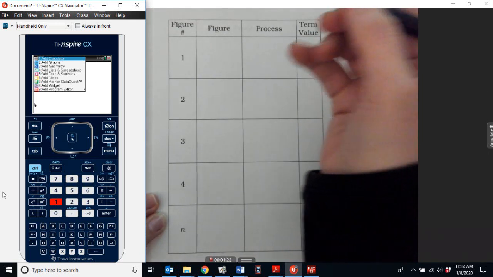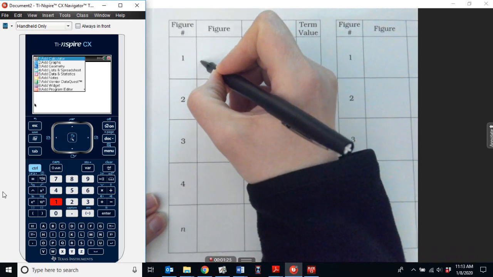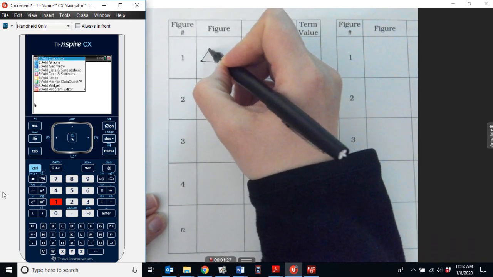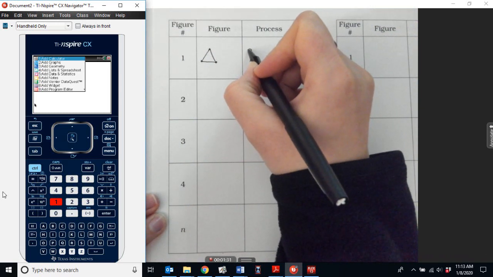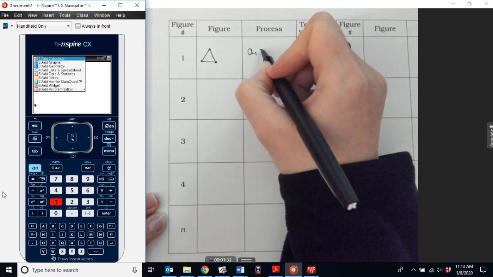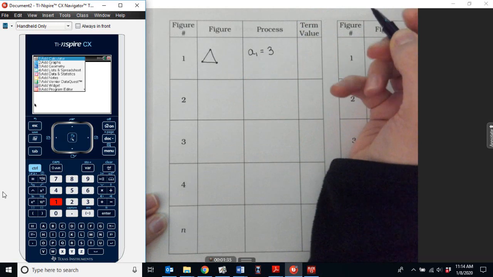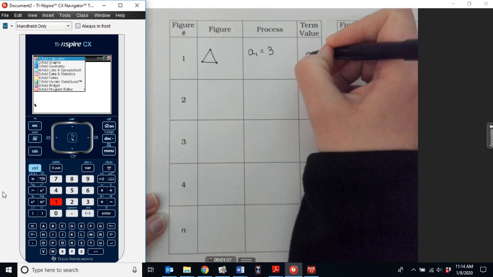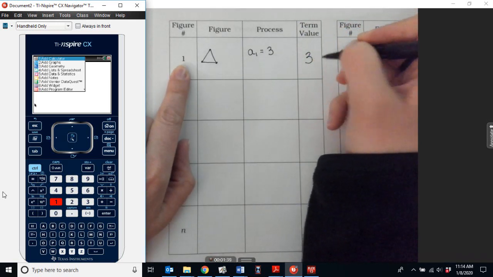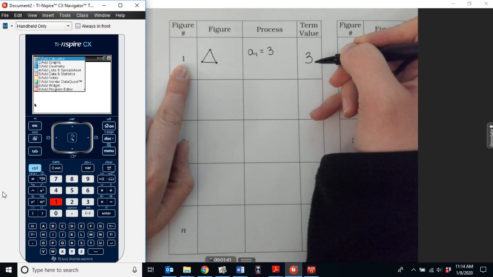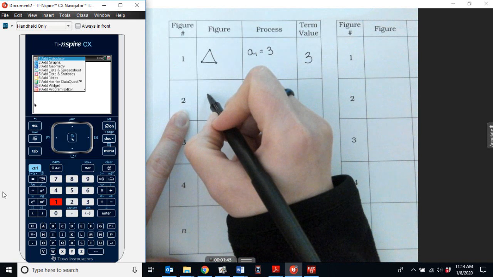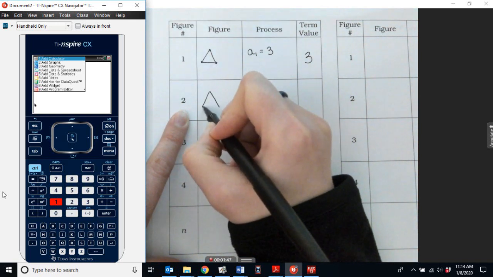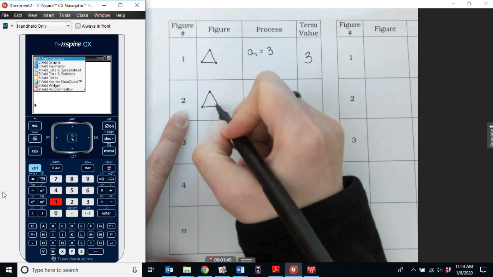So the first thing is I'm going to start out with a triangle. And my triangle has 3 sides. So A of 1 is 3. And so that's my term value. The first term is 3. Now, to get my second figure, I'm going to take my first figure. So there's my original triangle.